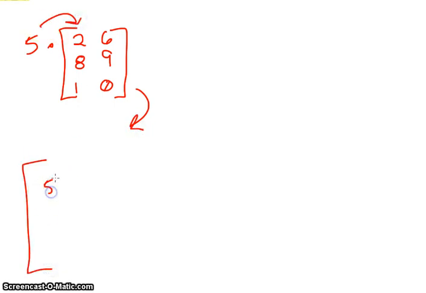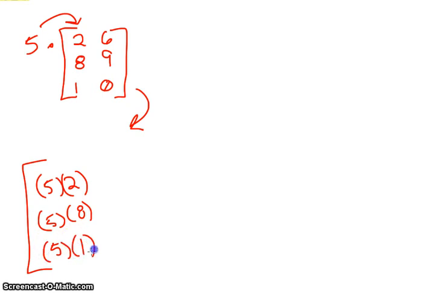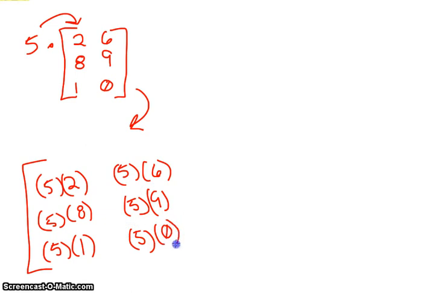We'll get 5 times 2, 5 times 8, 5 times 1, 5 times 9, 5 times, oops, I'm sorry, I didn't realize my mistake there. Now 5 times 6, 5 times 9, and then 5 times 0. So that is what the 5 looks like distributed throughout the matrix.